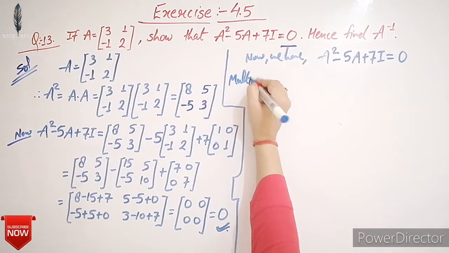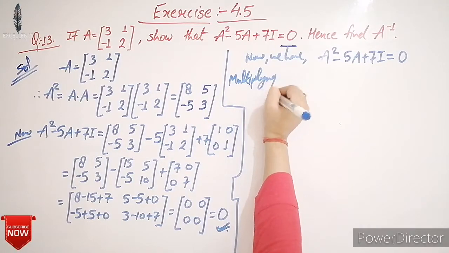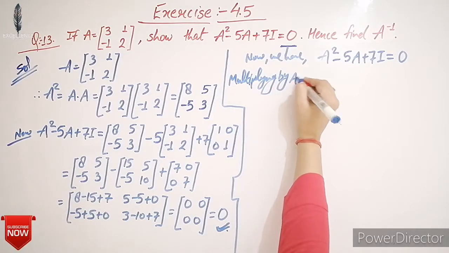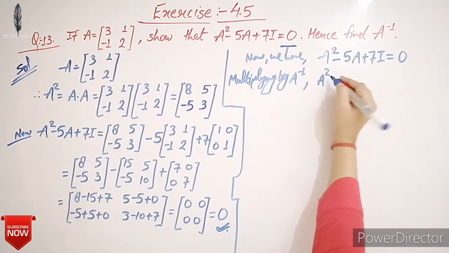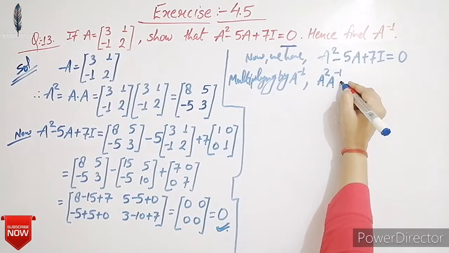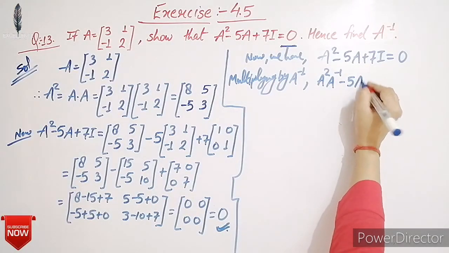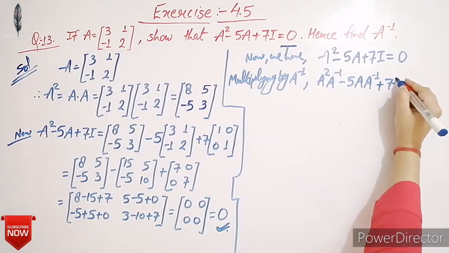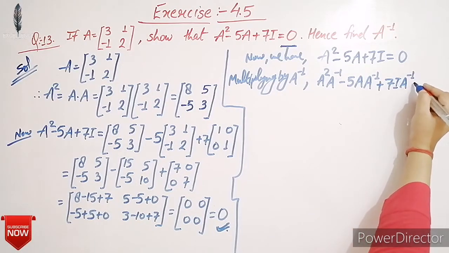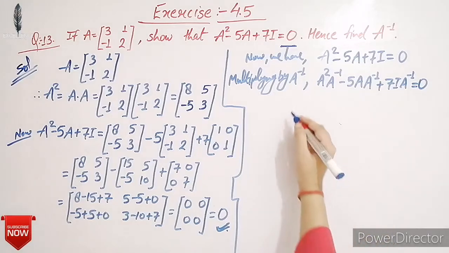Now multiplying by A inverse, we have A² into A inverse − 5A into A inverse + 7I into A inverse equals 0.